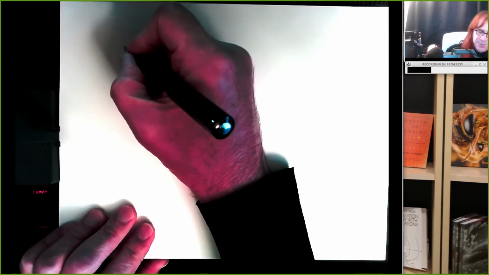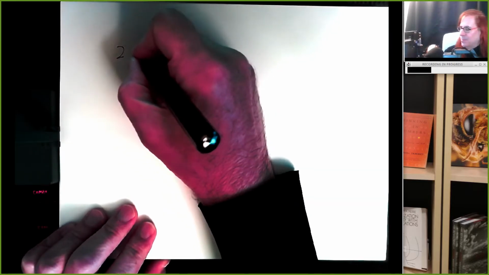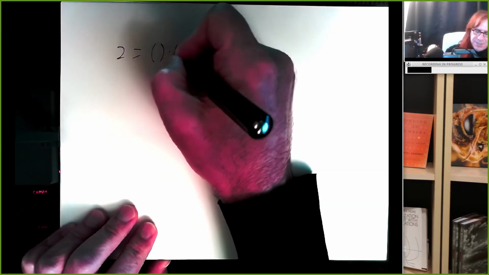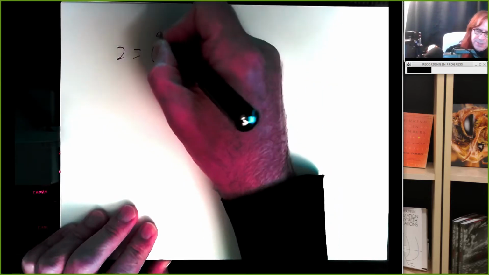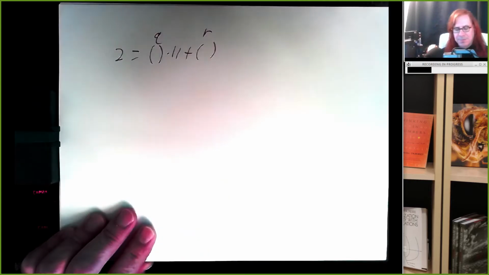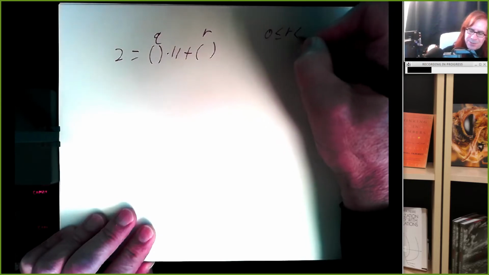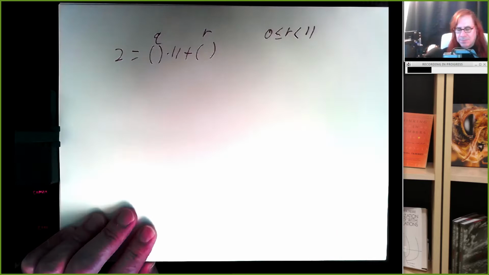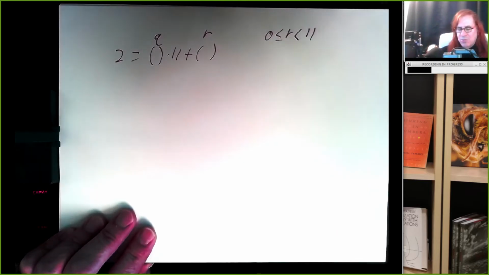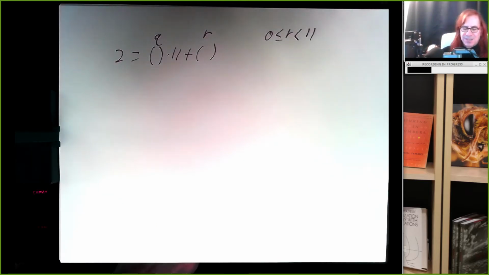And this works in all kinds of cases. So for example, if I wanted to do 2 equals something times 11 plus some remainder, where here the remainder is bigger than or equal to 0 and less than 11. Can I find values for Q and R that satisfy this?